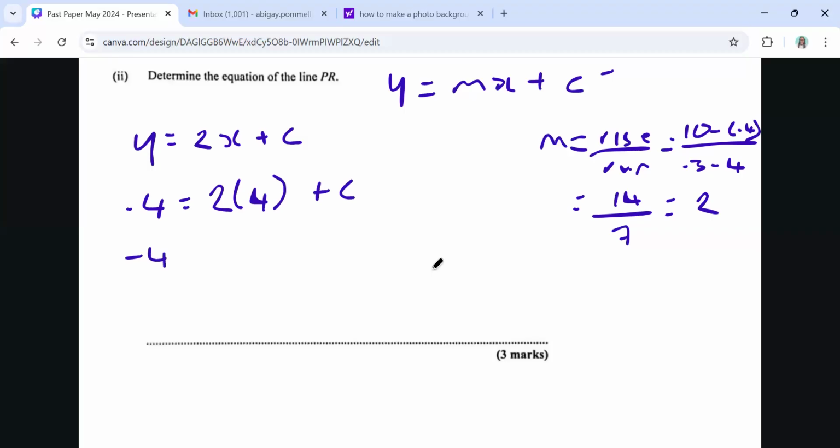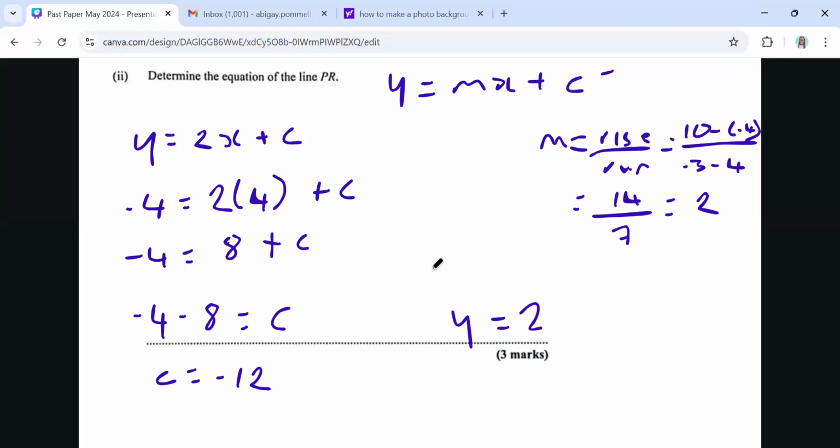So this is -4 equals 8 plus c. I'm going to carry this over. -4 minus 8 equals c. So c equals -12. And then I'm going to put this all in one now. So it's y equals 2x subtract 12. And that is our equation of line PR.